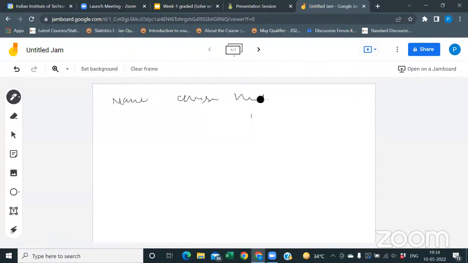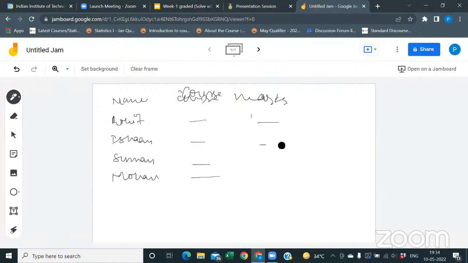That's it. This is the course. Suppose roll number should be unique. Suppose I write here Rohit and Ishan, and Suman and Mohan. Some course is there and marks is there.